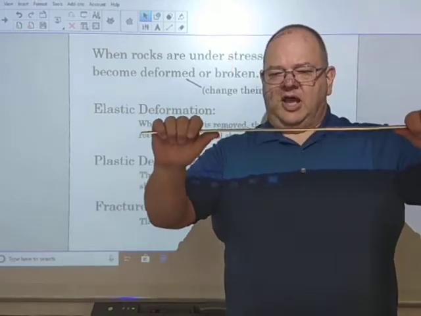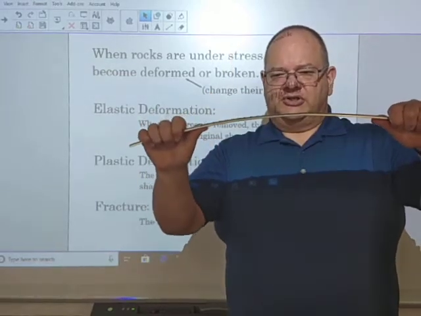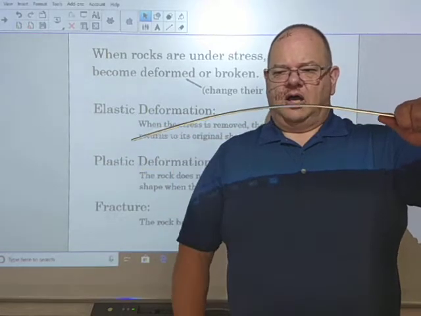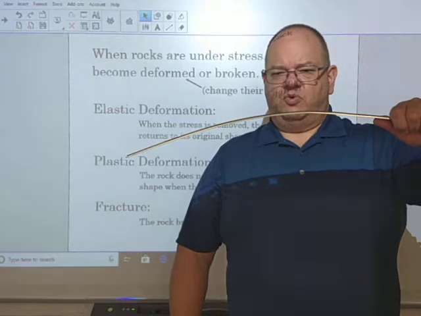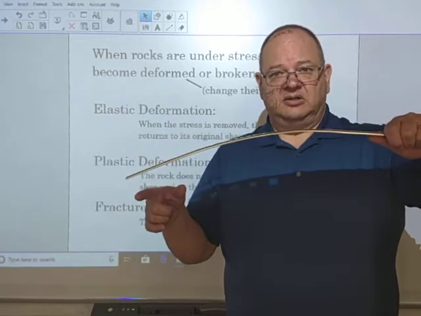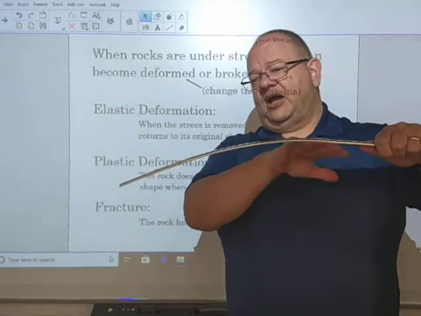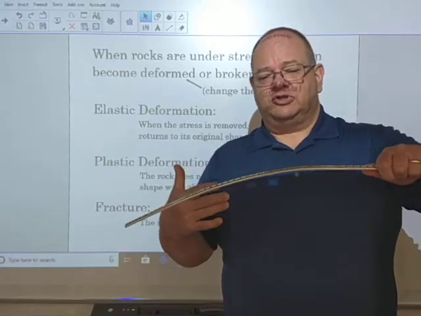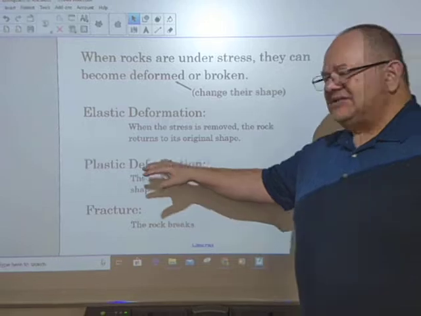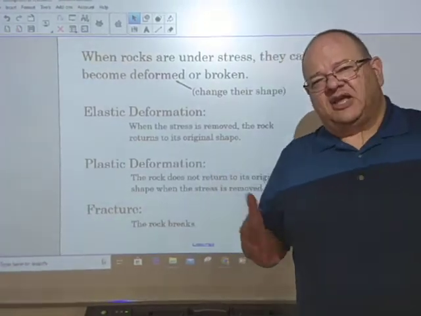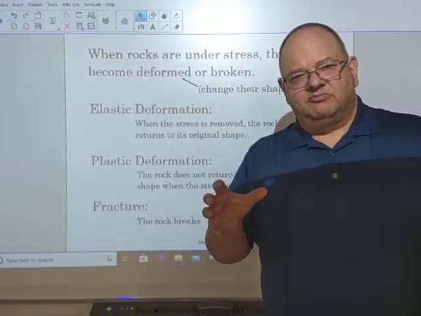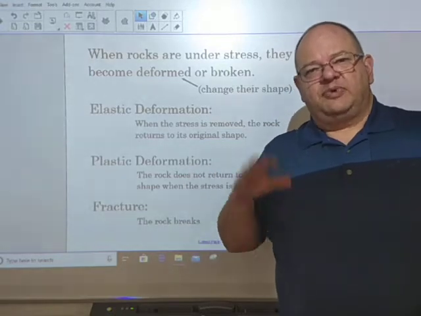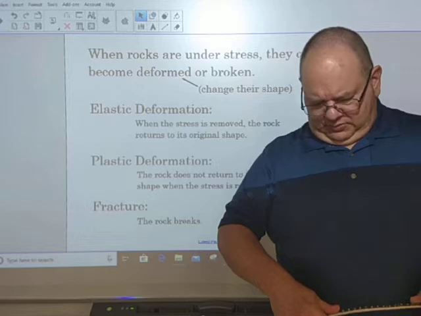Now, if I apply a little force to this, you see it's bending, but when I take my force away, it stays bent. All right, so I kind of more permanently changed the shape. It didn't spring back to its original shape. So that's called plastic. You know, if you take a piece of plastic and you heat it up, melt it, squeeze it, you can change its shape, but then it keeps that new shape.